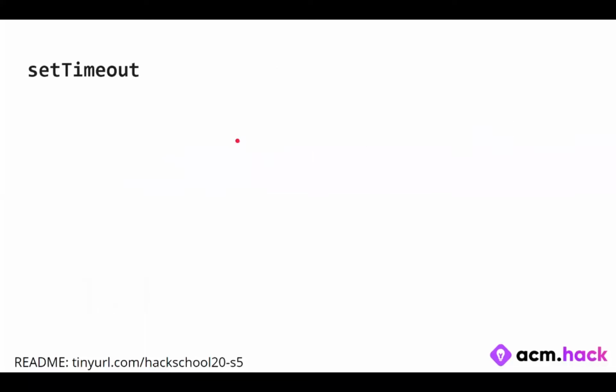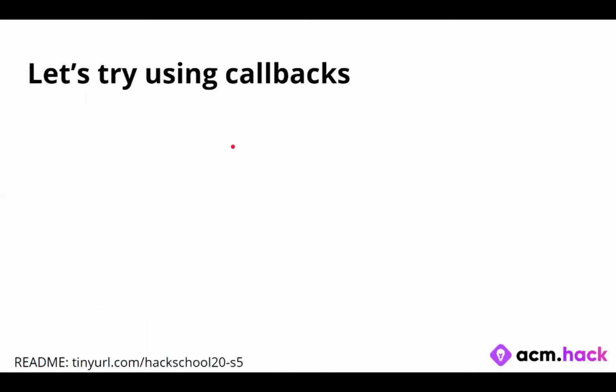Okay, so let's see an example of this, right? Let's try using callbacks in our boil water function, for example. We can first define a function called print boiled. What this does is it console.logs water boiled.